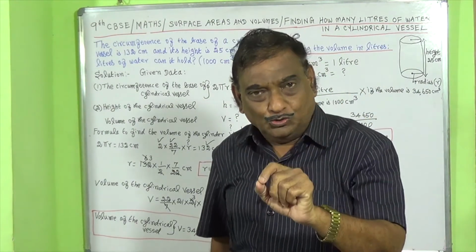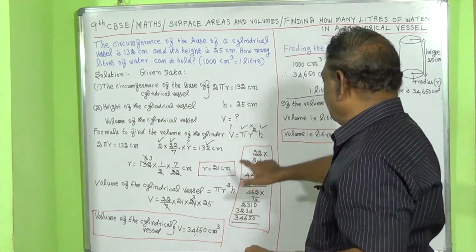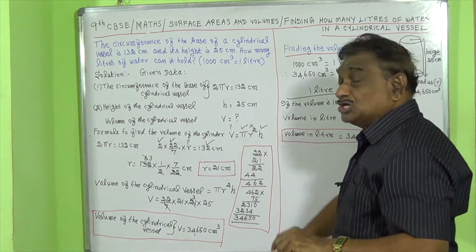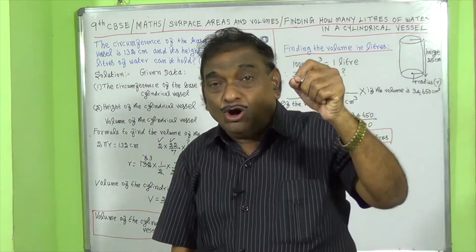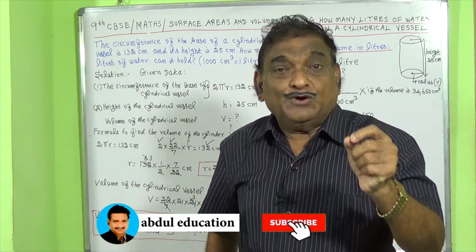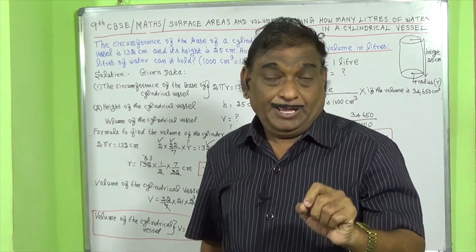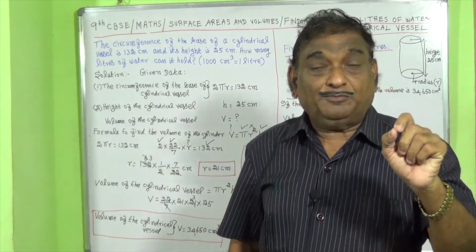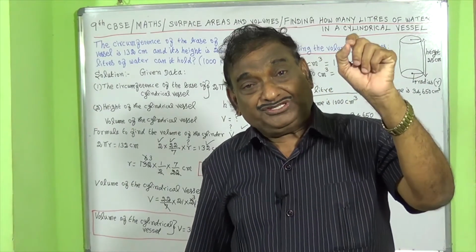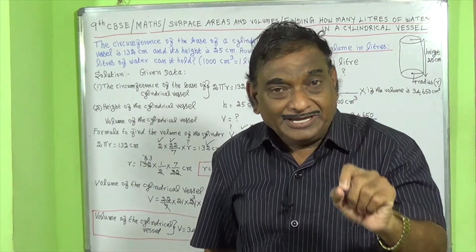Capital V equals pi r square h. The students can refer to the board for the formulae of 6 different shapes, that is, the formulae of curved surface area and volume.